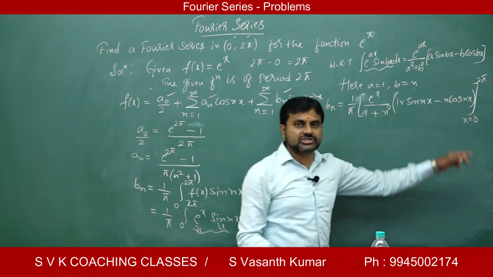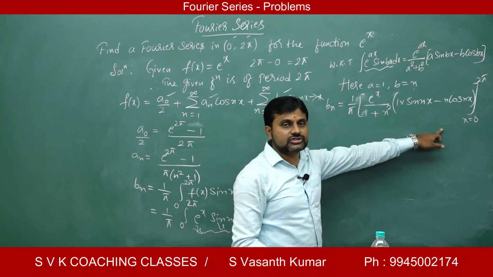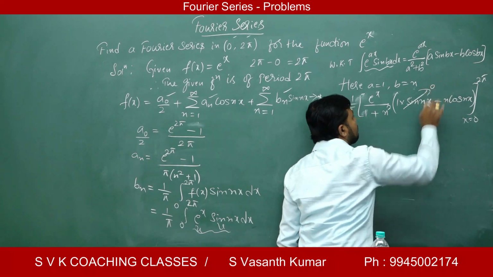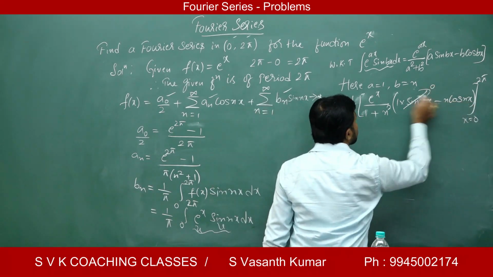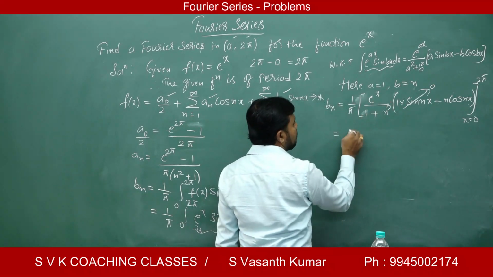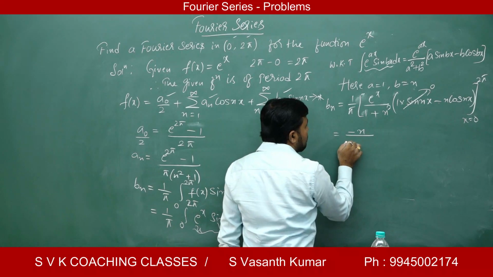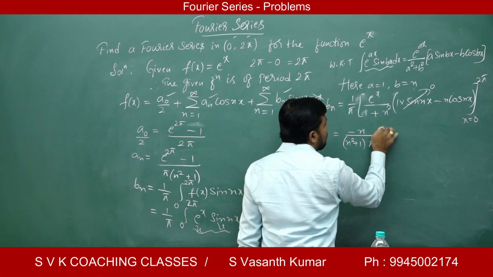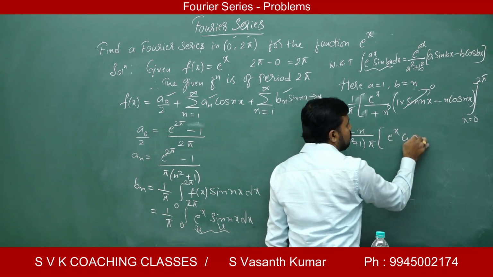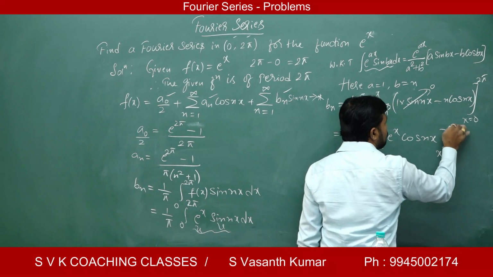When I substitute the limits, sin 2n pi is 0, sin 0 is 0. Therefore we can take off that term. So you are left with minus n cos nx. So therefore we can take out the constant term, minus n by n square plus 1 into pi, e power x into cos nx, x equal to 0 to 2 pi.